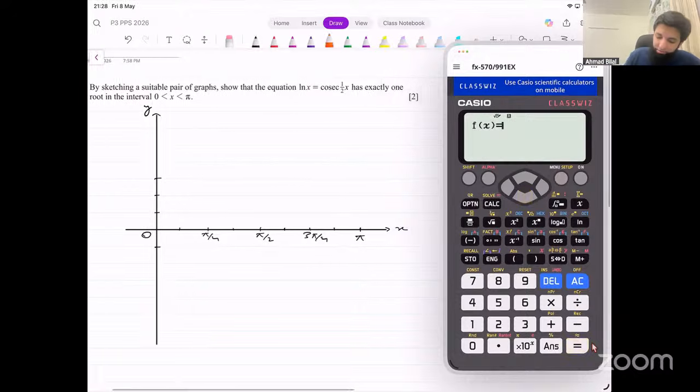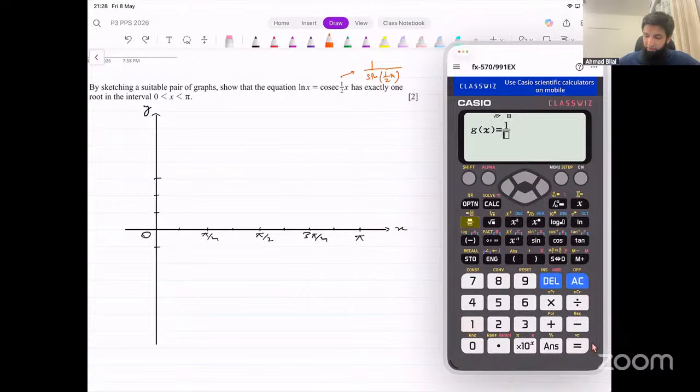Cosecant means 1 over sine half x. Ln x we will do separately, then you can also do it together. Let me just do it together. Ln x, let's just put that inside as well. Then we'll think about the asymptote for that separately. But for now, let's just input it as it is. 1 over sine of half x, let's say 0.5 times x. Okay, that's the other function.